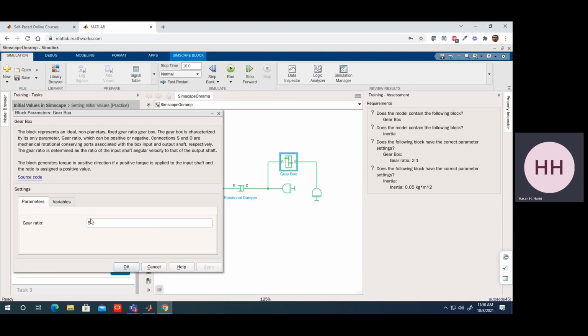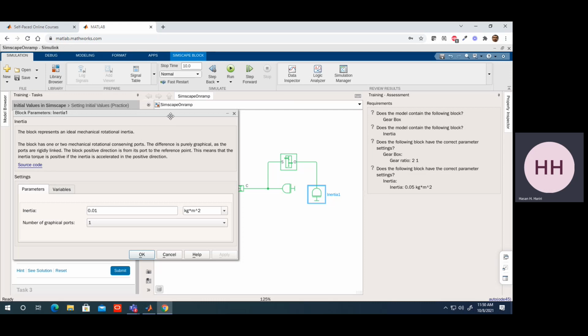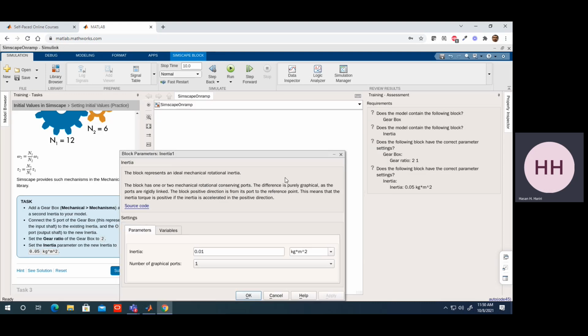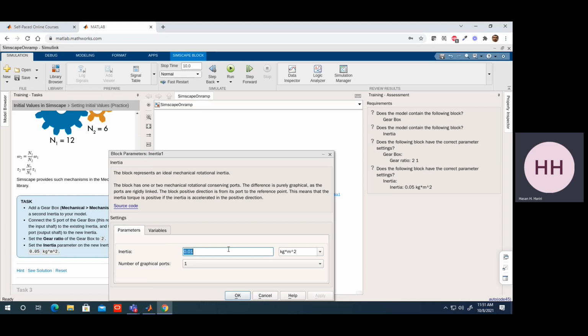So it has a gear ratio of 2. And the inertia parameter of the new inertia to 0.05 kilogram meter square.